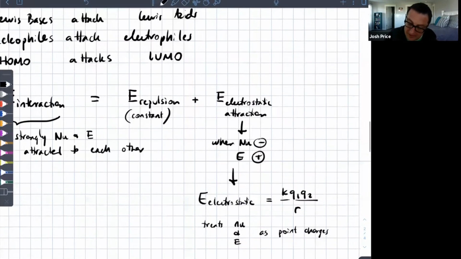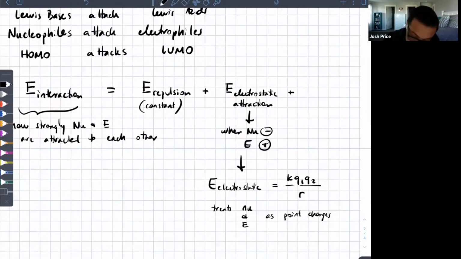Finally, there's a term which we're going to call overlap, which comes from overlap of orbitals on the nucleophile and the electrophile that allow electrons to be shared. Okay.